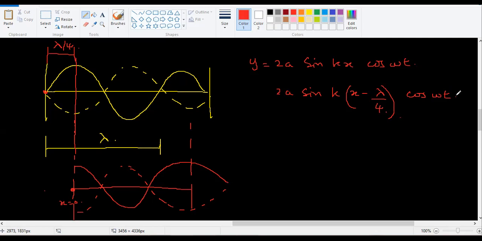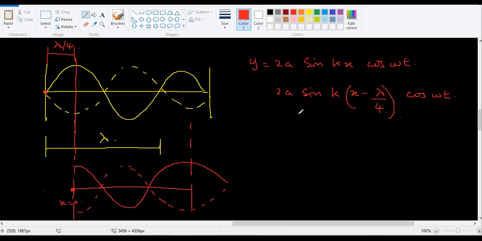If you're wondering, sir, how do I know that it is lambda by 4? That's what I'm trying to explain here. This is lambda and this is lambda by 4. Compared to this location, this point is lambda by 4 ahead. Since it is ahead, I have to put a minus. This is what I told you: when it is coming forward, you have to put a minus here. When it is going backwards, you have to put a plus. Only when you do that, you will get this equation correctly.